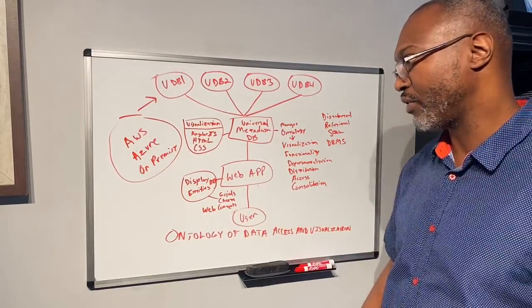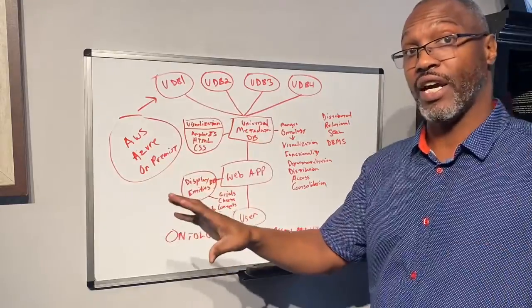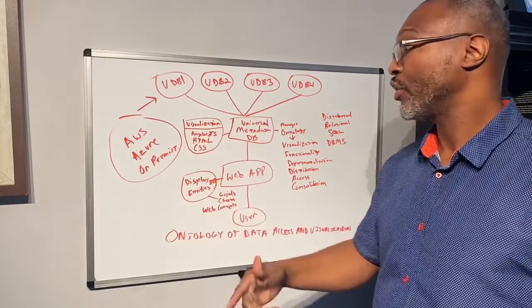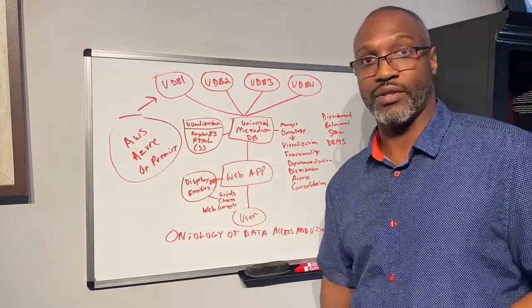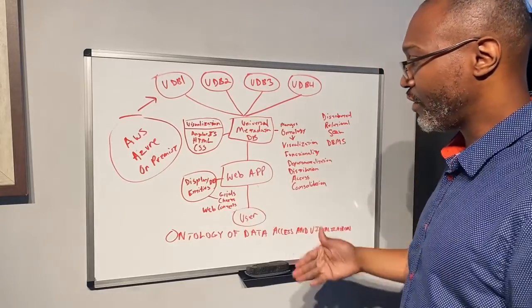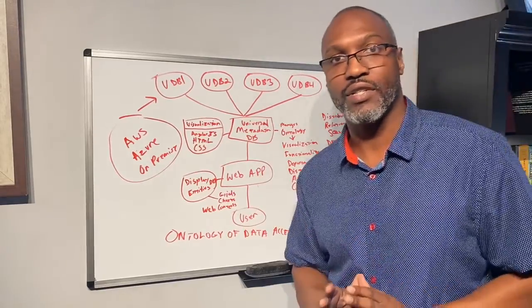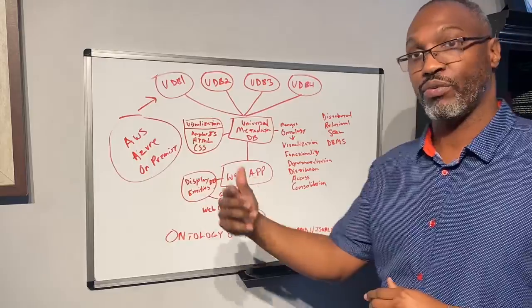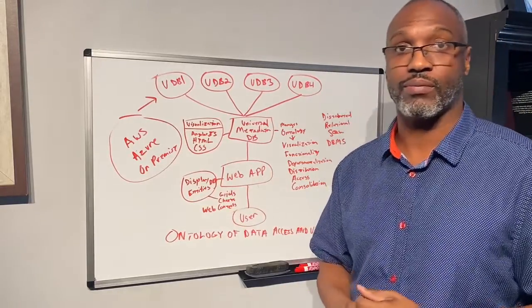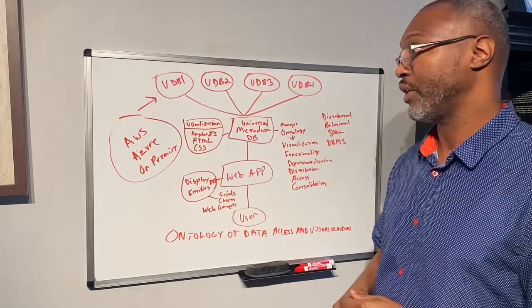Now we have the ability to look at relational and non-relational data through a metadatabase. And this is powerful because it helps you, one, extend the life of your ERP systems. So now you're in the cloud.